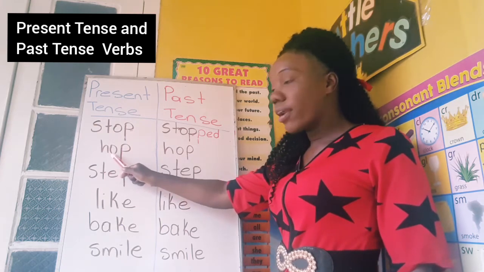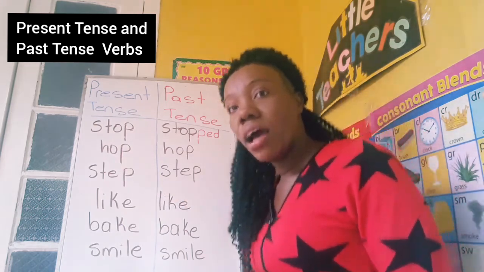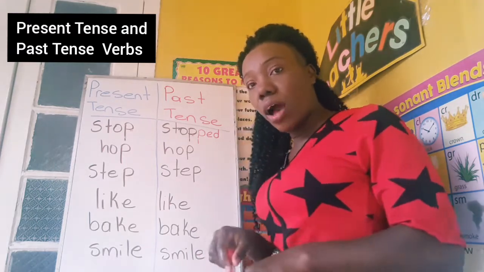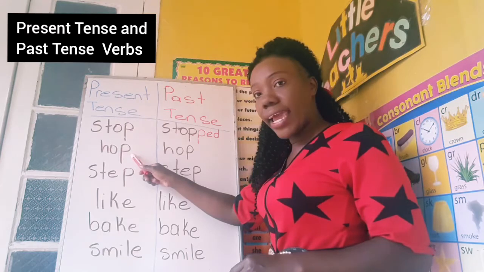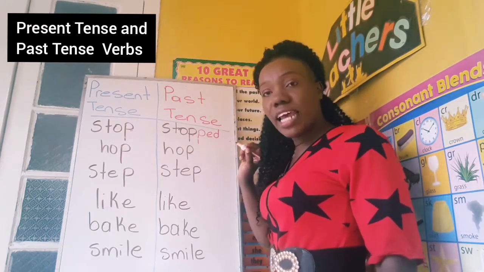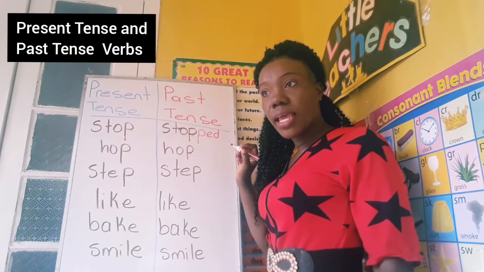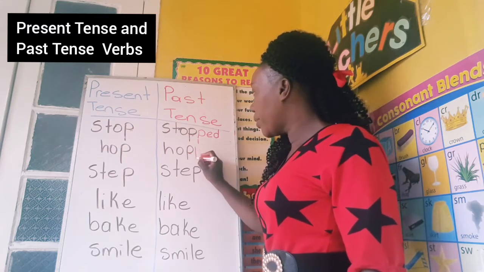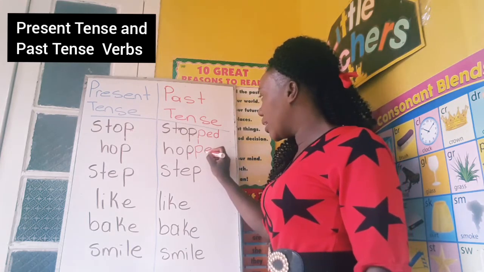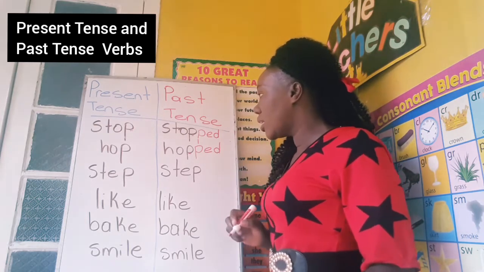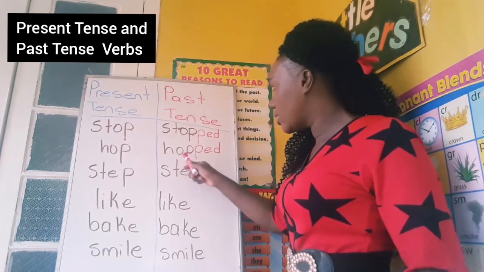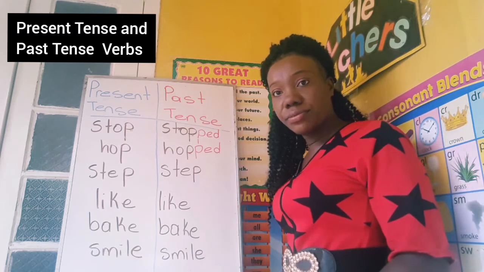So this is the word hop. I hop. So now I'm hopping. I hop now. But yesterday, which is past, I hopped. So what must I do with this P? Add another P, which is that I'm doubling it, and then add ED. So I hopped. So this is the word hopped.